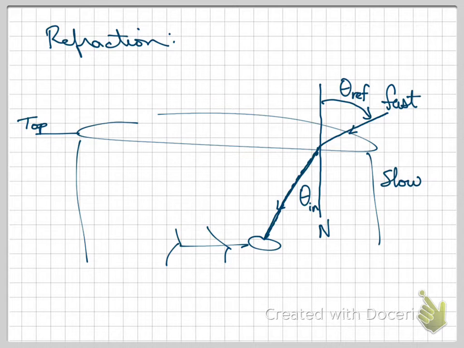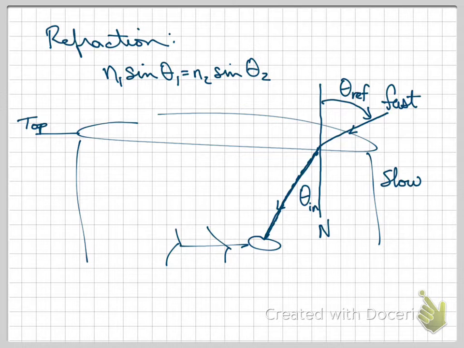What I'd like you to do is try in your calculator to set up this equation, and everybody will do this separately, on their own time. But remember, Snell's law is n1 sine theta 1 equals n2 sine theta 2.